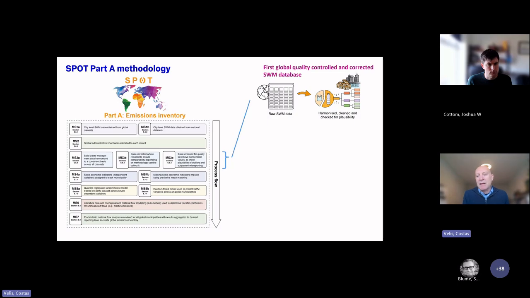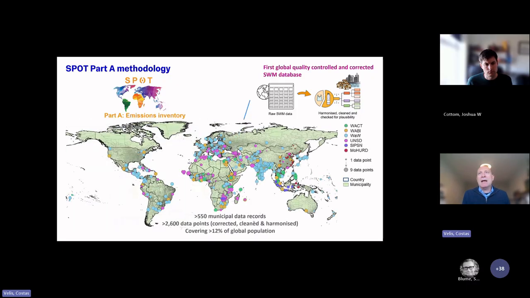This is a critical thing and is a key missing factor in current global and even national level efforts, because we'll use this to input into an artificial intelligence model. And this artificial intelligence model is even more reliant on quality data than classic statistical methods. So we have created, as part of this effort, the most comprehensive database to date on municipal solid waste management data, and we have harmonized it.